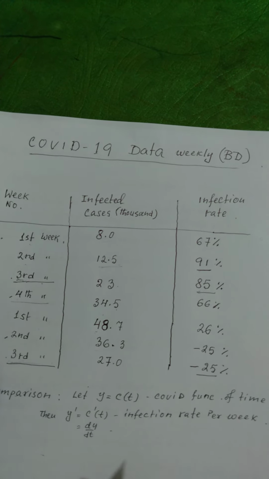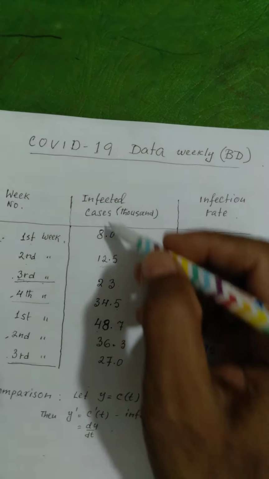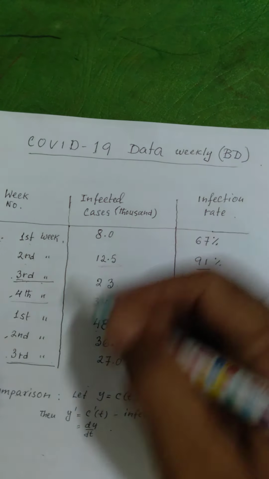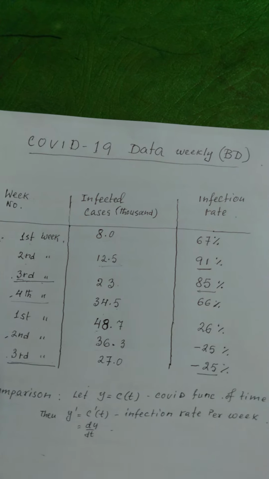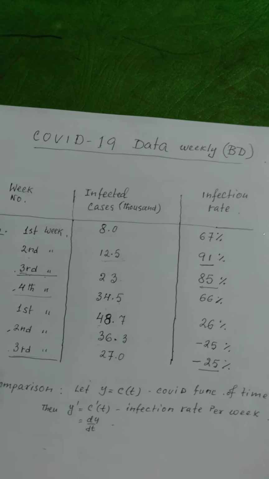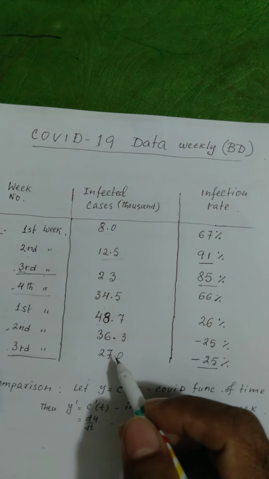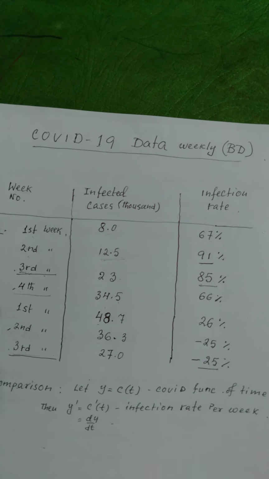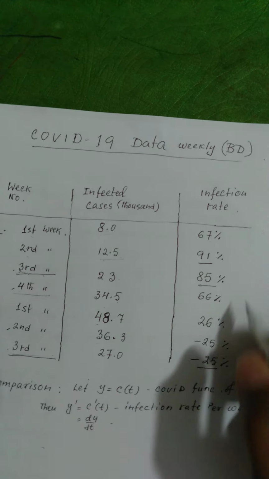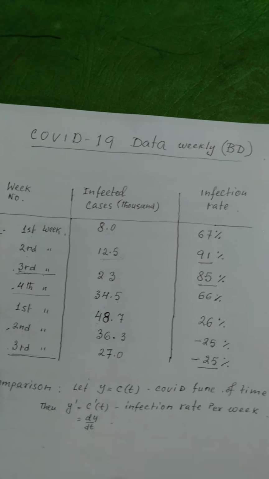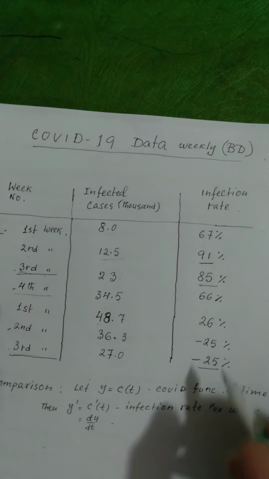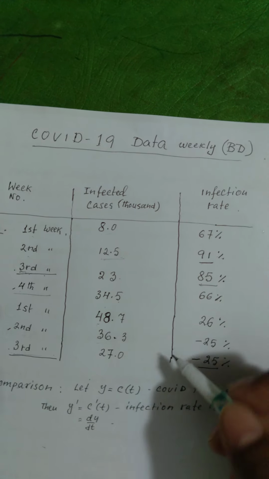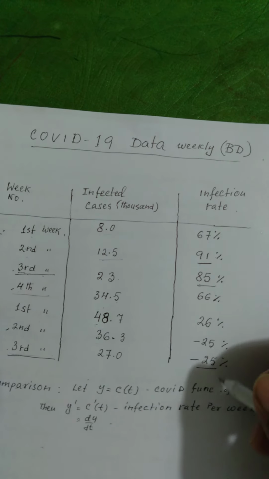So if we want to compare and make a decision, absolute quantities do not say anything. We cannot make a decision. But when we see the infection rates, it tells about the comparison, that is, we can say whether the situation is getting better or worsening.